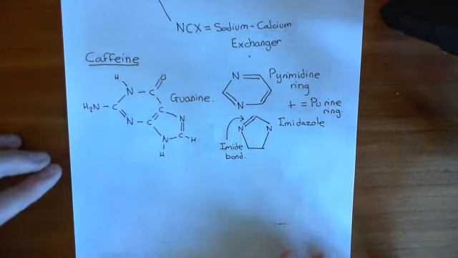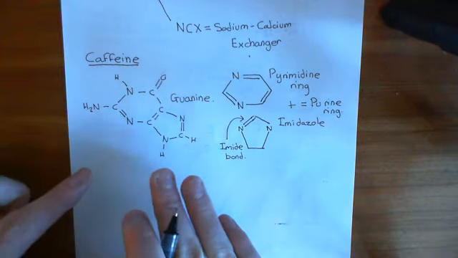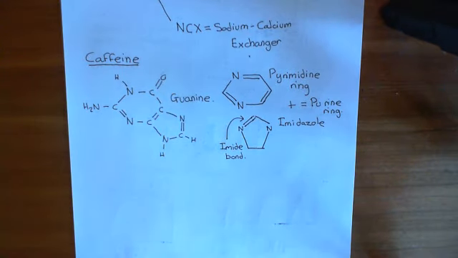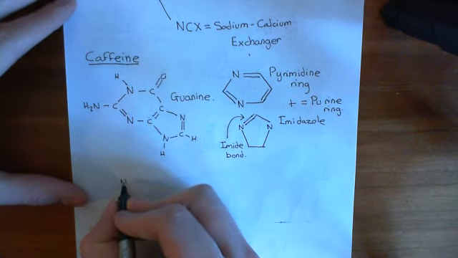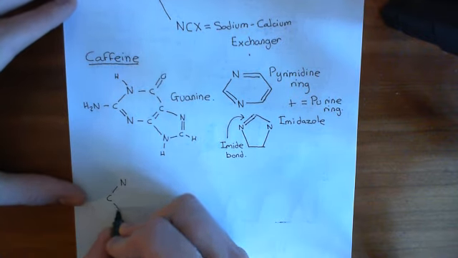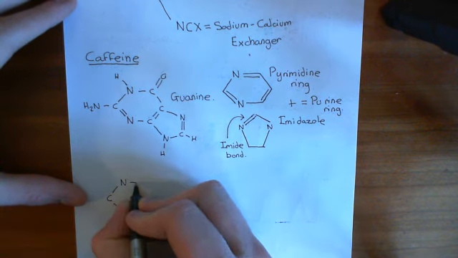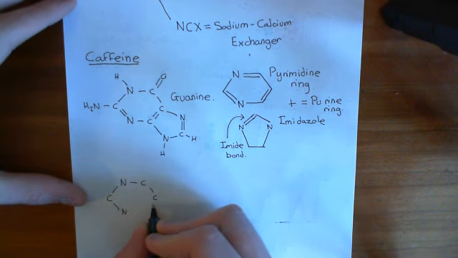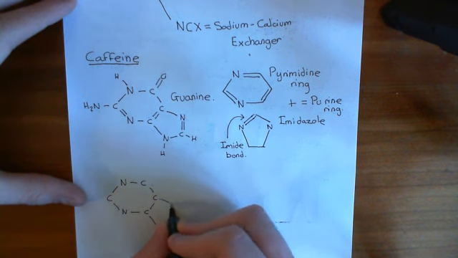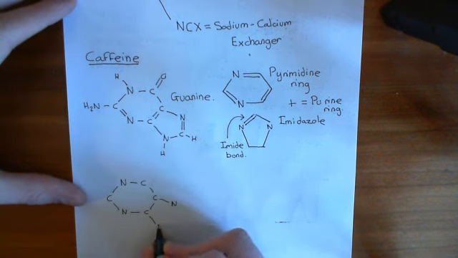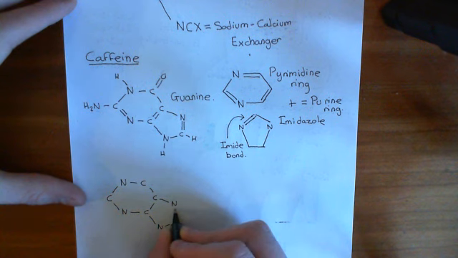So basically, caffeine's structure is almost identical to this, except that you've got a few little alterations. So, start with the same basic ring structure. So you've got this 6-membered ring up here, where you have these 2 nitrogens and these 4 carbons. You've then got the same ring down here as well, with these nitrogens and the carbons, like so.